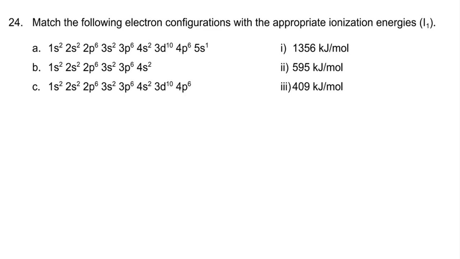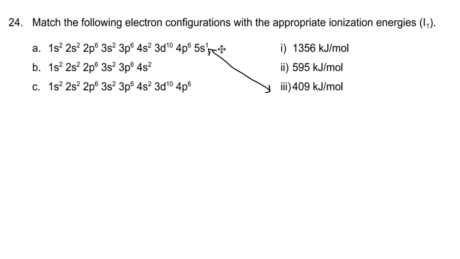Okay, in this example, we have 3 electron configurations and some first ionization energies. The easiest way to think about this is which electron would be the easiest to grab. Well, it would have very few valence electrons, and they would be furthest from the nucleus. So one of them, this one, is a 5s1. It's clear out in the 5th energy level. It's further than all the other ones, and there's only a single one. That's going to be the lowest amount of energy. So these two go together.